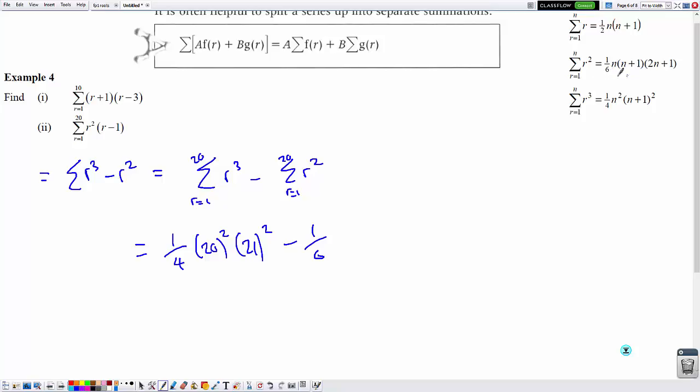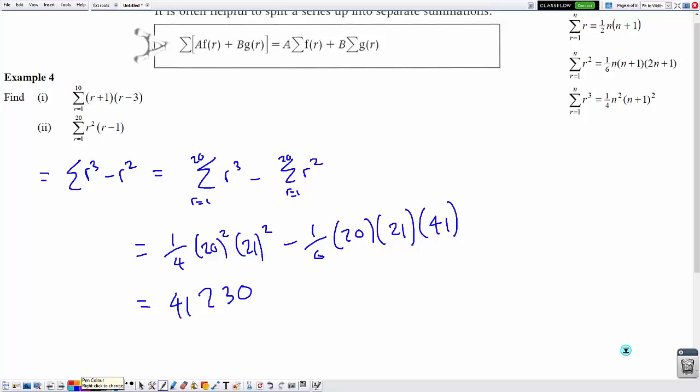We're using this formula here, n plus 1, 2n plus 1, so 6 times 20 times 21 times 20 times 2, which is 40 plus 1, times 41. Okay, and we plug that into our calculator and we get an answer of 41,230.